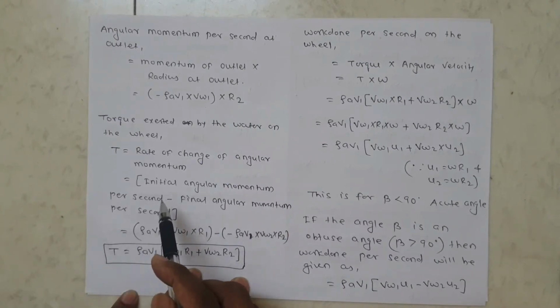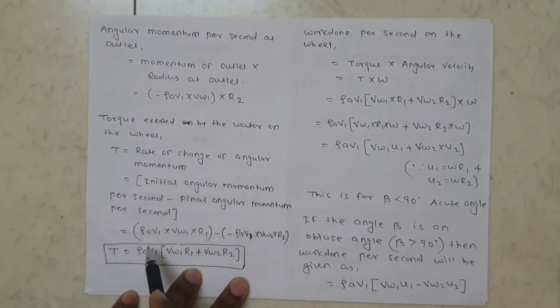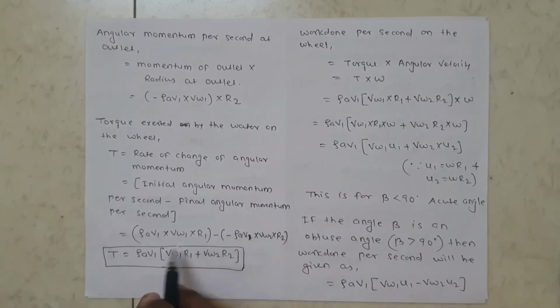We already found the initial angular momentum rho a v1 into vw1 into r1, minus the final angular momentum, minus of rho a v1 vw2 into r2. So minus minus becomes plus, and rho a v1 is common, so we take it outside the bracket. So the torque is equal to rho a v1 into (vw1 r1 plus vw2 r2).